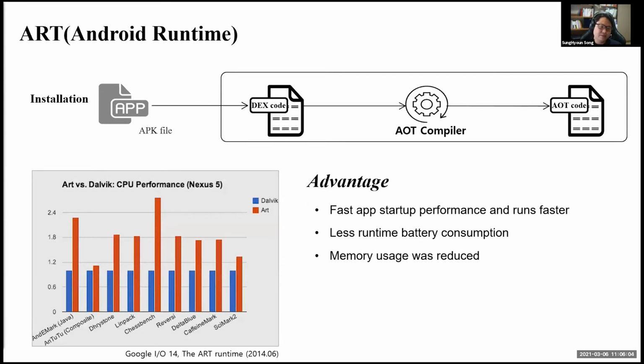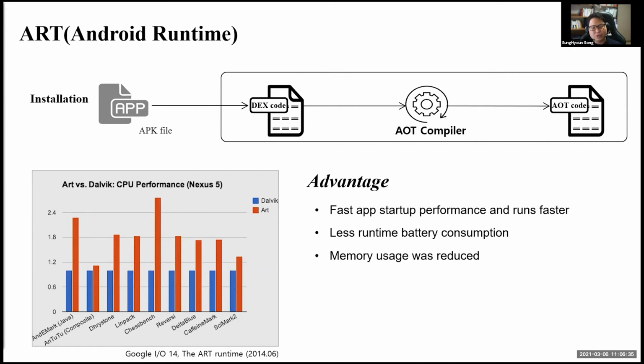Another difference between the old Dalvik virtual machine and ART was the performance. As all execution code of apps was run as native code, the startup speed was improved compared to the bytecode. In addition to that, every time you ran the app, it didn't use an interpreter, but it called the native code, and it resulted in reducing battery consumption.